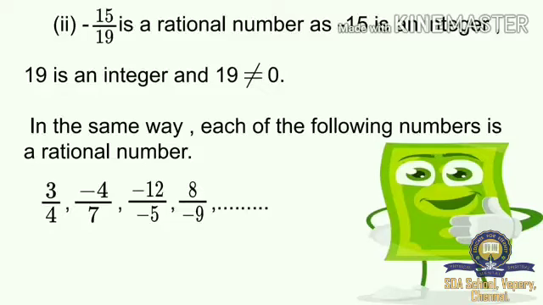Here you can see that 4 rules are there: plus divided by plus, minus divided by plus, minus divided by minus, plus divided by minus. In this way, the rules are applied, right? These are called rational numbers. If it has different signs or the same signs, but in the denominator the value is not equal to 0, it is called a rational number.